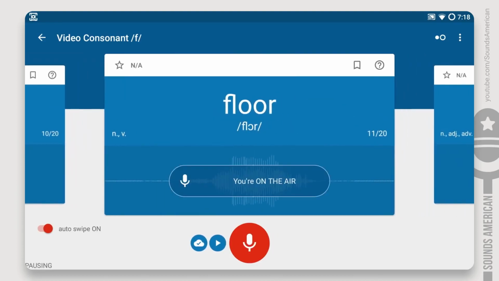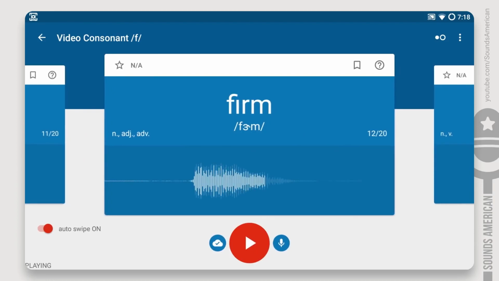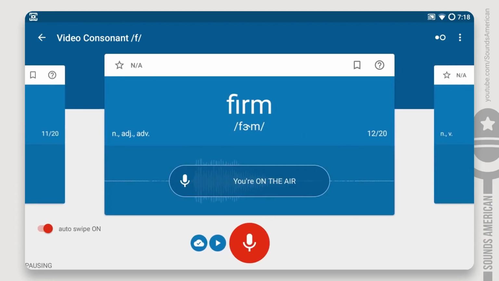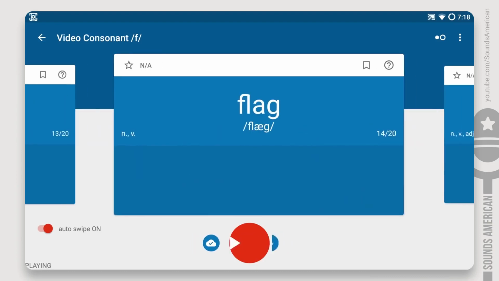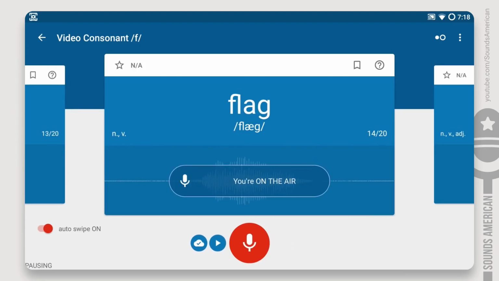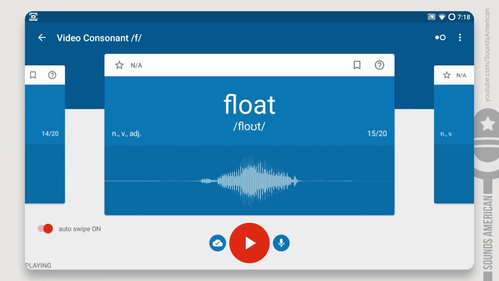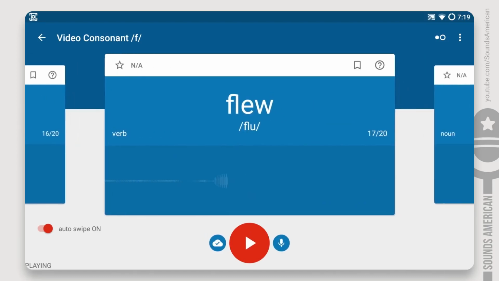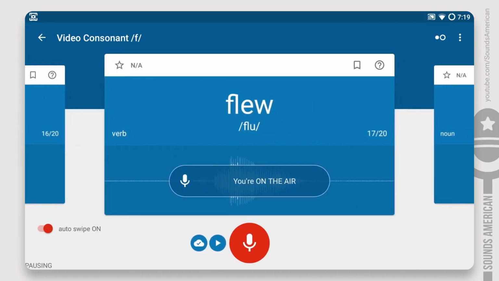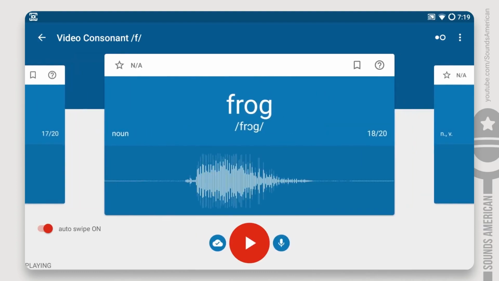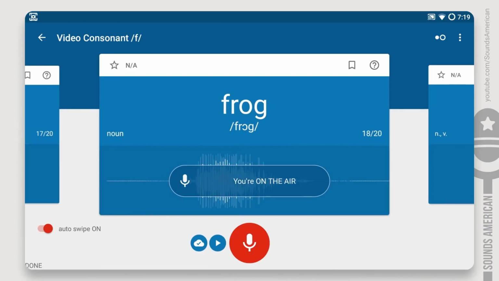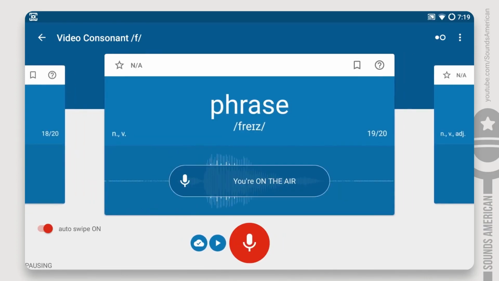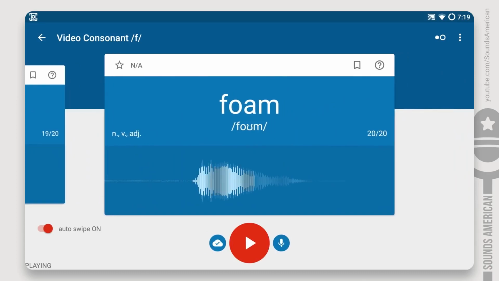Floor. Firm. Frame. Flag. Float. Flame. Flew. Frog. Phrase. Foam.